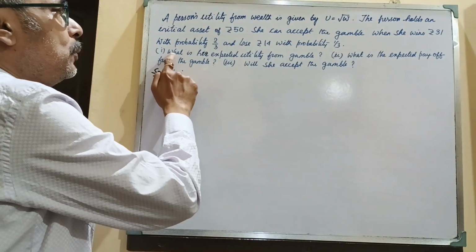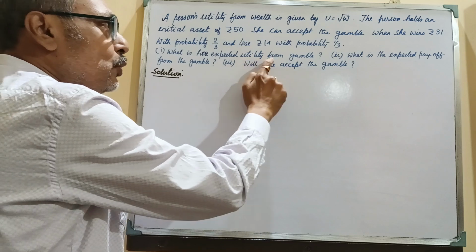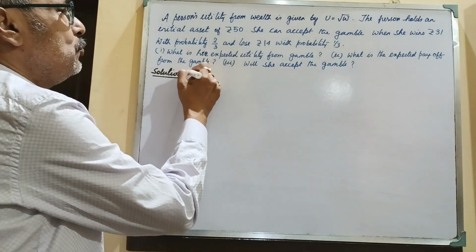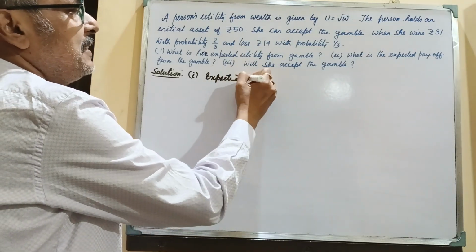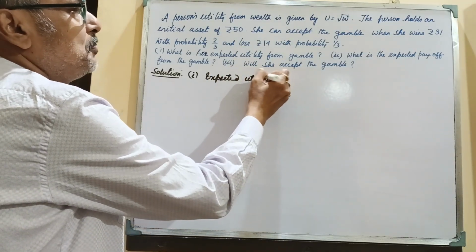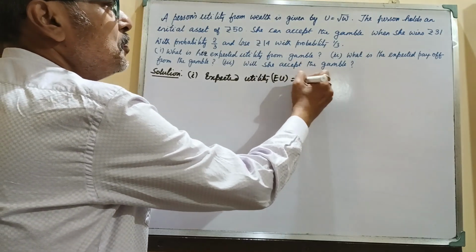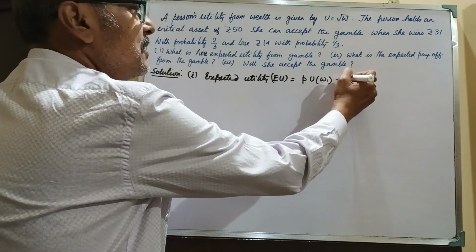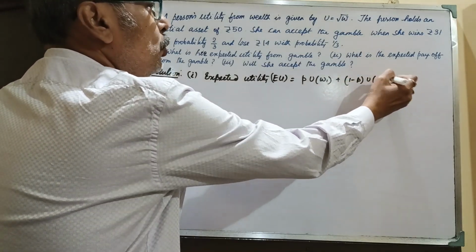Now first we find her expected utility from the gamble. Expected utility, denoted by EU, is P into U of W1 plus 1 minus P into U of W2.